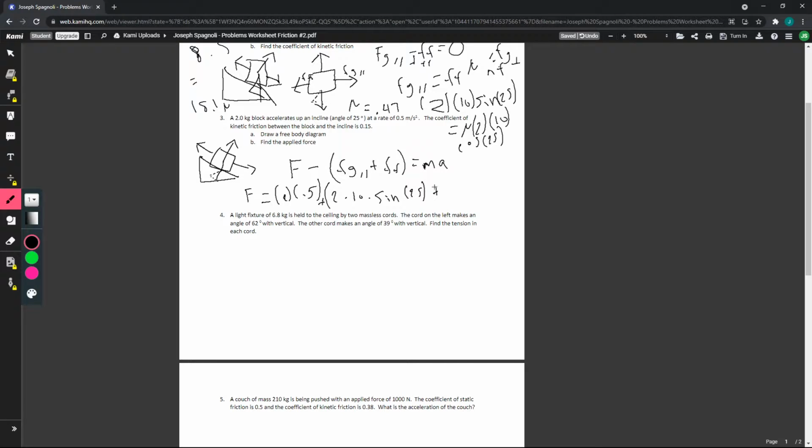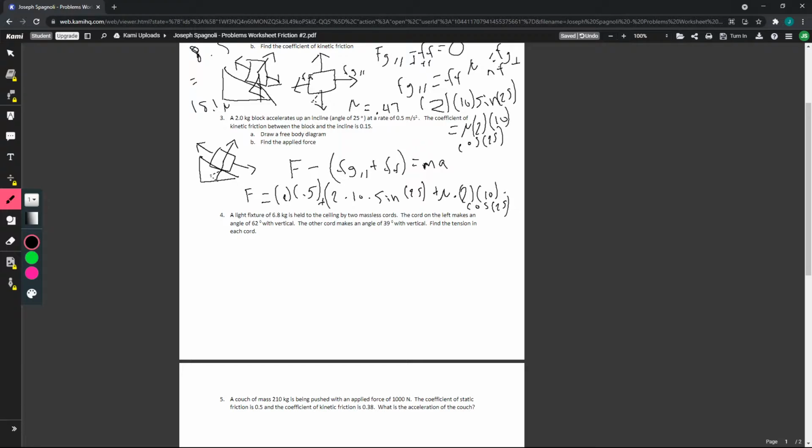And then force of friction, as we know, is mu times force normal. And force normal, if it's on the incline, is the same as force gravity perpendicular, which is mass 2 times gravity times cosine of the angle, which is 25.